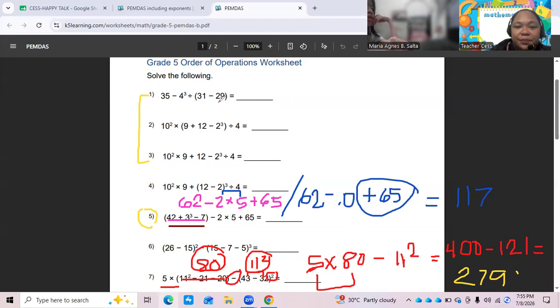31 minus 29. I'll show your solution. You will do this one first. What will be your answer? I'll write your answer on the screen.